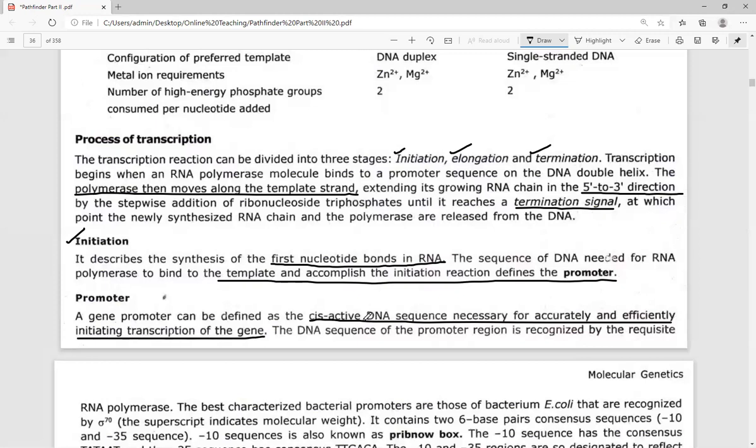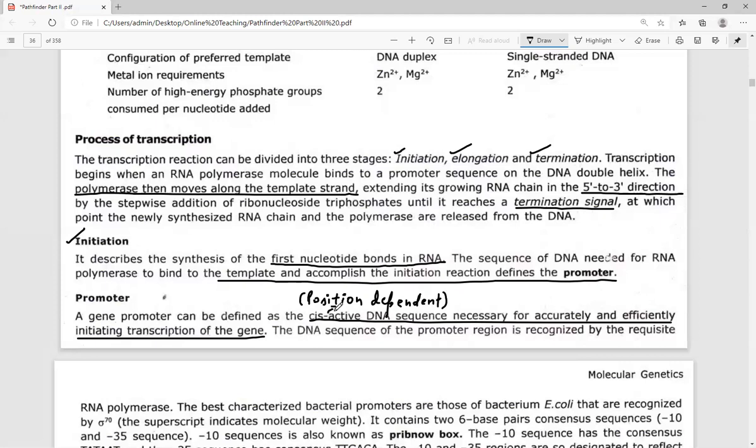Cis-acting means position-dependent. What do you mean by cis-acting DNA sequence?